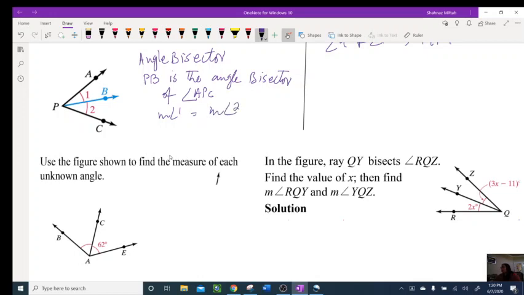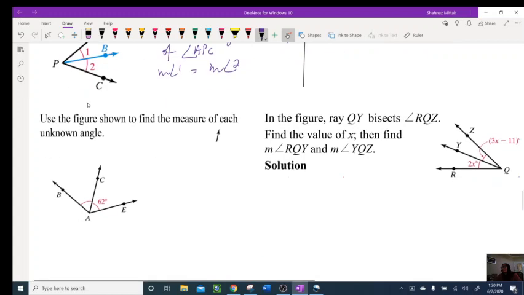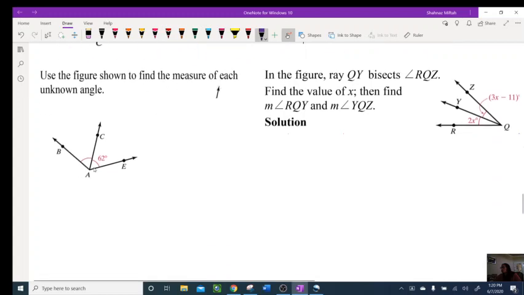Okay, let's use this figure to find the measure of each unknown angle. The first part says find the measurement of angle BAC.